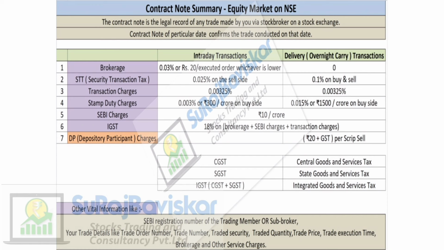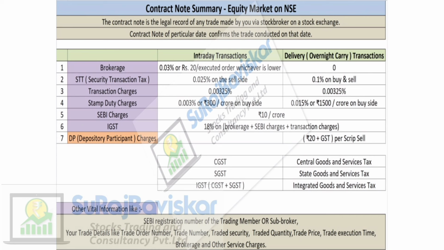Moving on to the next section, security transaction tax, that is STT. Security transaction tax is 0.025% on the sell side. So only one side: when you purchase something for intraday and then square off your position, that is when you are selling. On the sell side, that is only one leg, you have to pay 0.025% of total turnover.